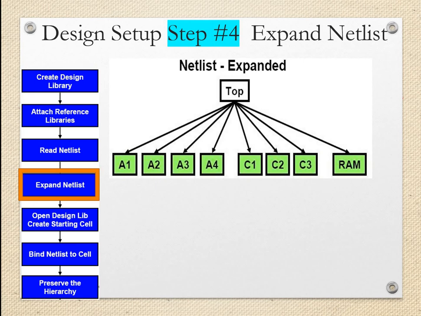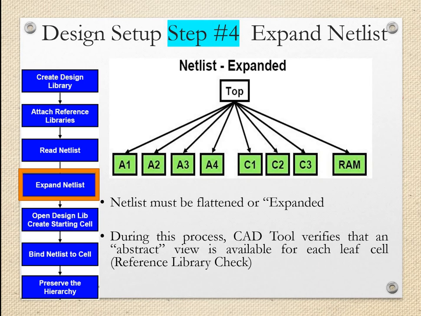The top level design module TOP contains the different sub blocks as A1, A2, A3, A4, C1, C2, C3 and RAM. So the netlist must be flattened or expanded, and during this process the CAD tool verifies that an abstract view is available for each leaf cell, that is the reference library check. So A1, A2, A3 are the leaf cells, and whether they have any reference library is checked over here in the expanded netlist. That is step number 4.